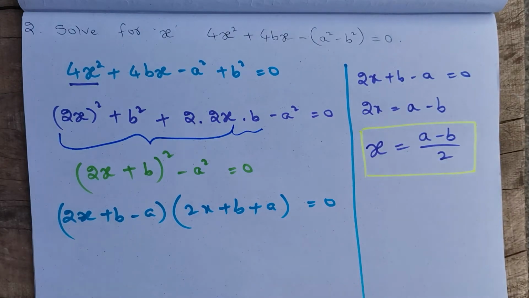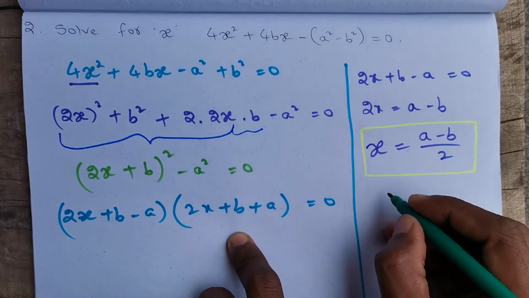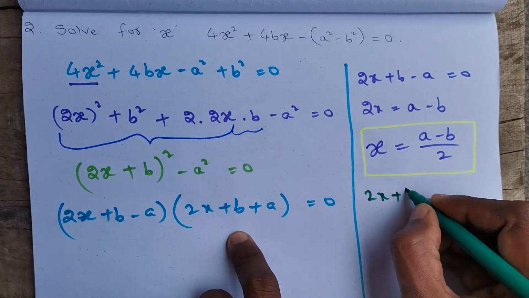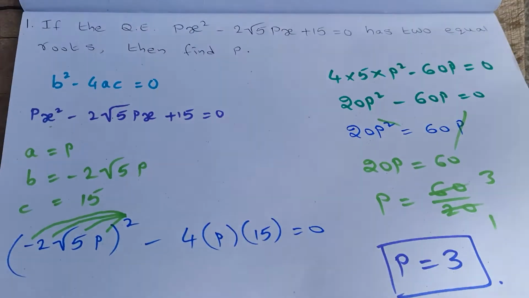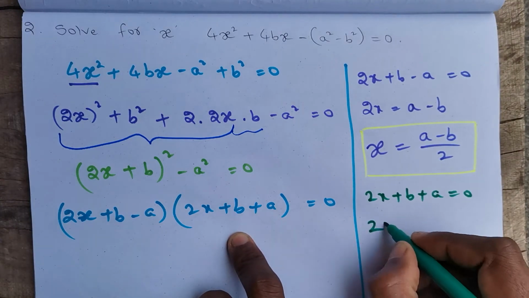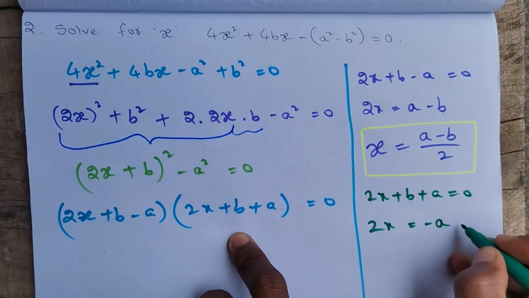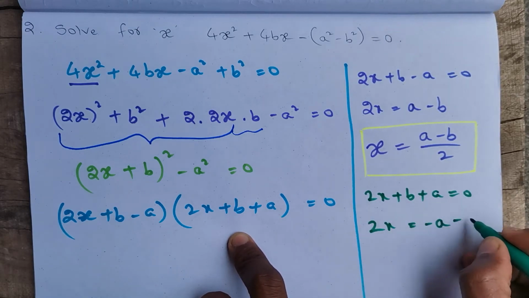Now next, the second factor we have here. Let us make the second factor also equal to 0. So that is 2x + b + a is equal to 0. 2x is equal to, a I am taking to the right side, then it will become minus a, b I am taking to the right side, then it will become minus b.